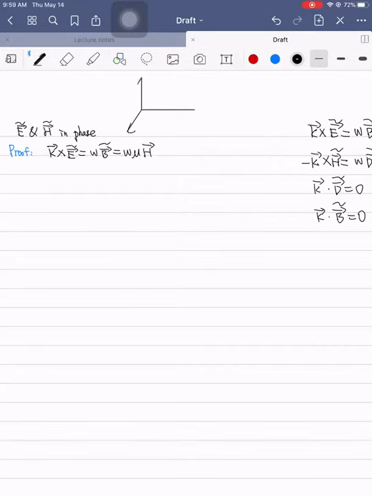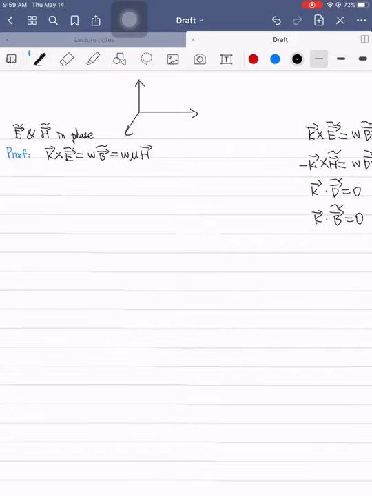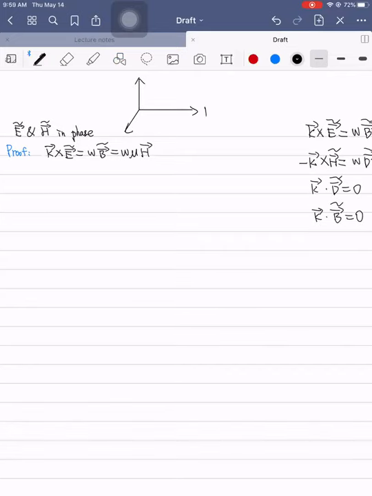To reveal the spatial relations between these quantities, I want to define three directional vectors. This is K, its directional vector is e1. And this is E, and its directional vector is e2.